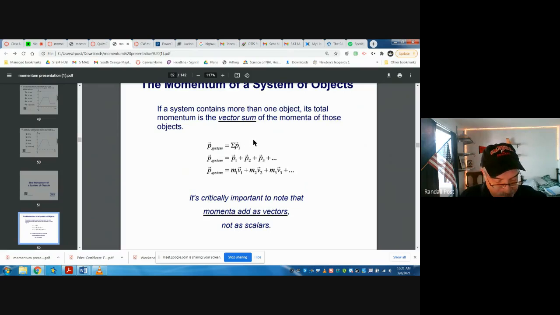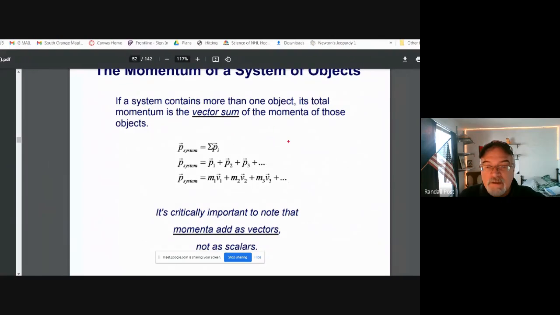It does matter if, let's say, you have one object going to the left and you have one object going to the right. And if this is the system, I draw a boundary around it. We could call this positive momentum and this is negative momentum. If these two are combined, they could be 0.